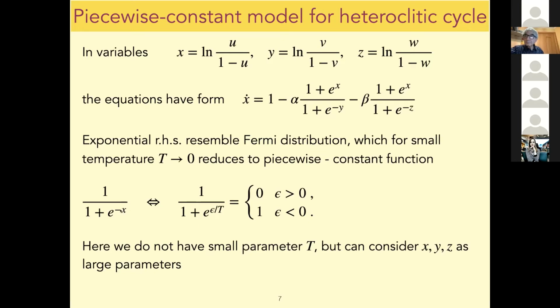But we have seen that close to the heteroclinic cycle, this variable x takes very large values, maybe 100 or 1,000, and negative values, say minus 100, minus 1,000. So if we consider the scale of these variables as large, we can make this approximation and represent functions containing these exponents as piecewise constant functions.